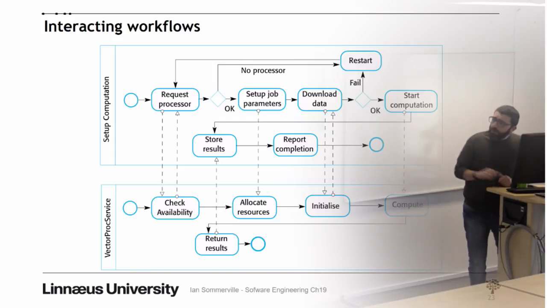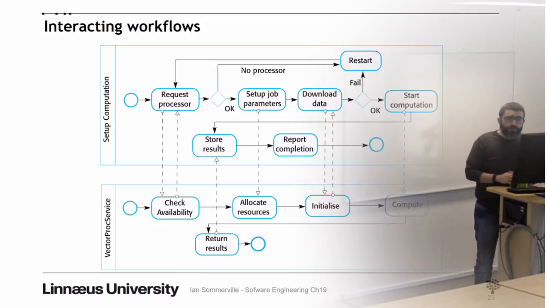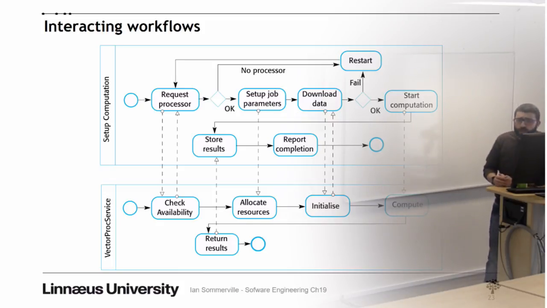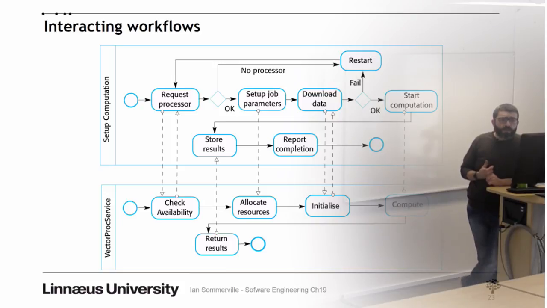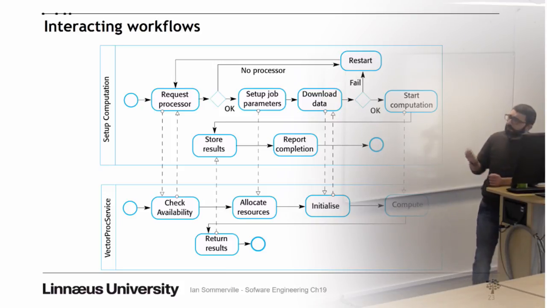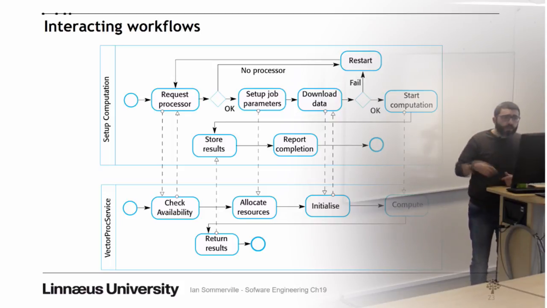As you can see here, we have two different workflows, and they interact. We start, for example, with a request processor. Then we send a message in order to check the availability, and the availability service sends back a message, which we can use in order to run all the other activities.